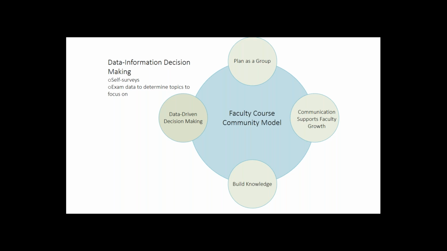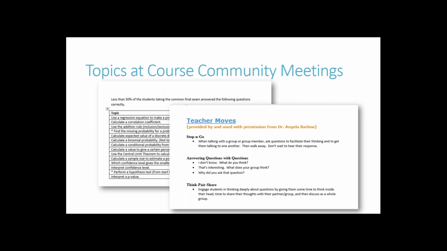So then once the fall semester was done and we had created this community and become more of a team, then in the spring semester, oh, and I missed a slide. So at the course community meetings, we talked about different things like teacher moves that you can do in order to get students to be thinking instead of students offloading the thinking onto the professor.